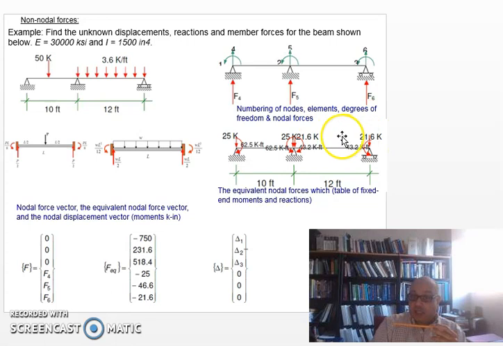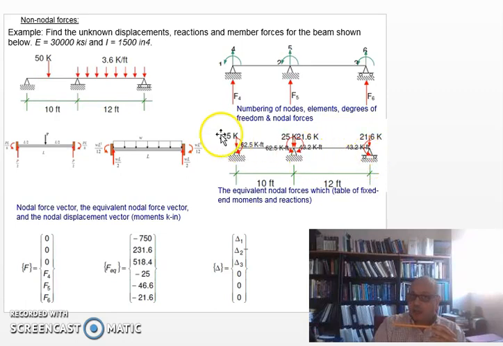So basically, the forces that you're having at this end, you have 25 kips. At the intermediate support, you have 25 plus 21.6, that will give you 46.6. At this end right here, which is at degree of freedom 6, you have 21.6.